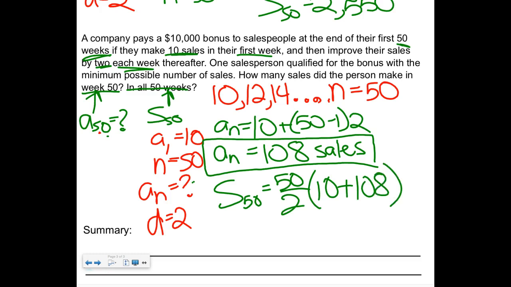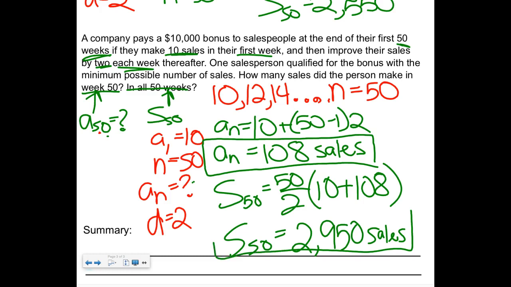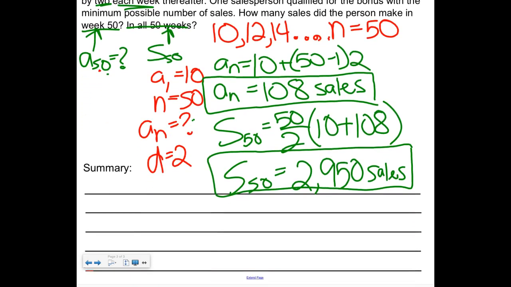And again, we're going to plug the whole thing into our calculator, or simplify if you would like. And all together, this salesperson throughout these 50 weeks did 2,950 sales.